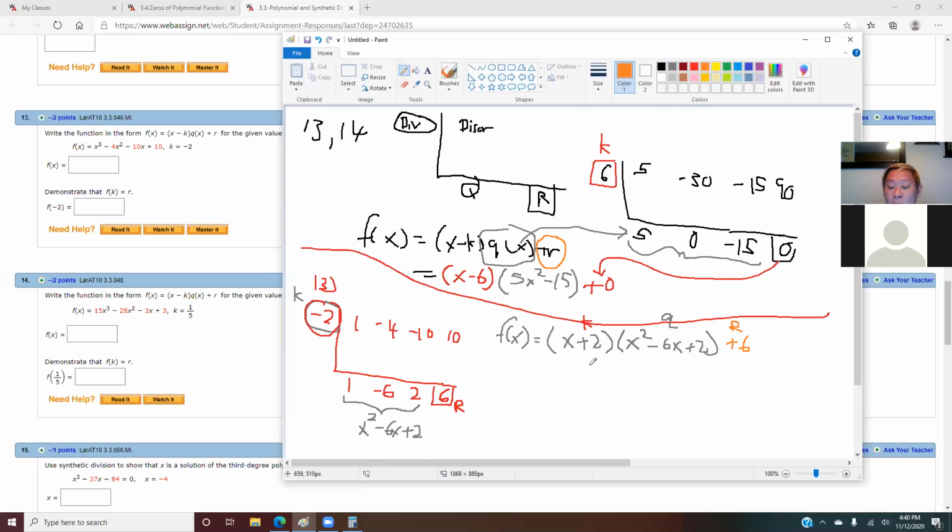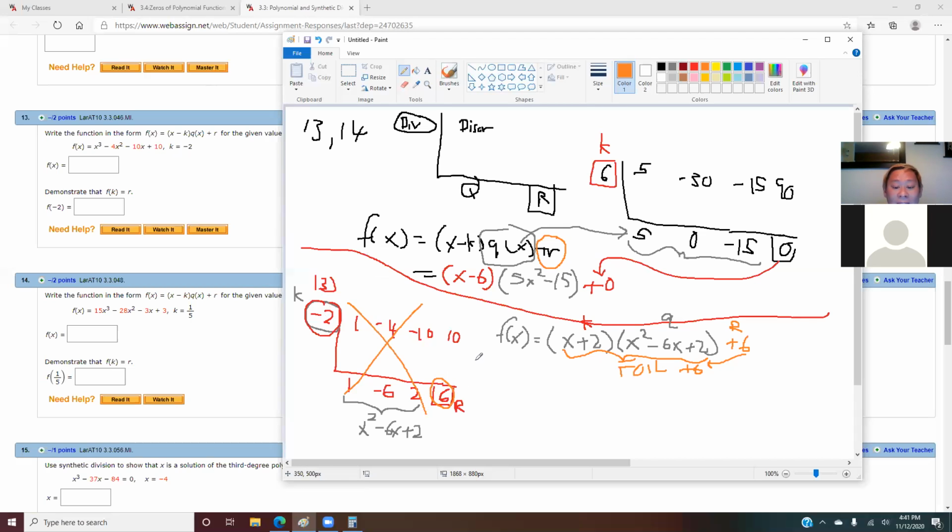Now, Karishma, if you FOIL this thing out, and then you add 6 after you finish FOILing, you will end up getting this function, x cubed minus 4x squared minus 10x plus 10. You can also find your remainder without doing all this synthetic division, by putting your k into your x in f of x.